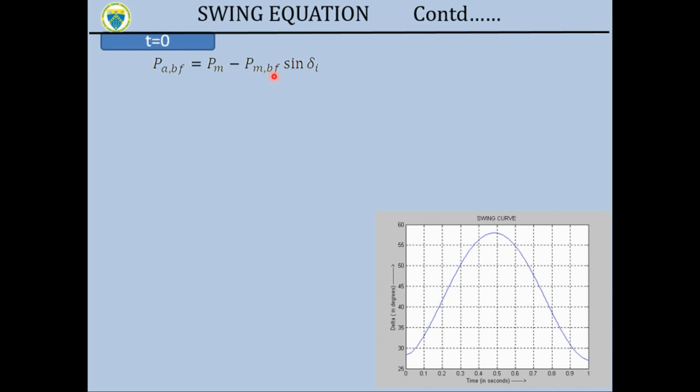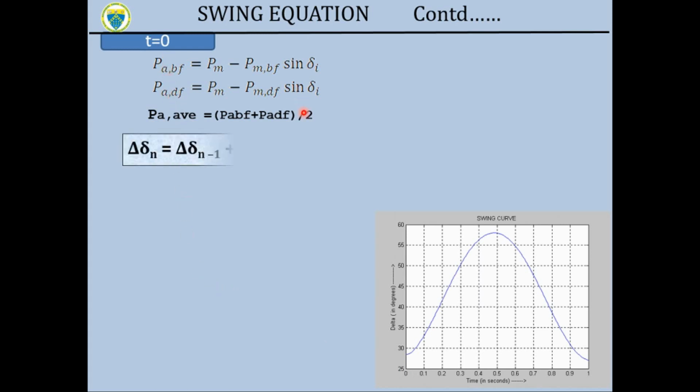The data is ready now. At T equal to 0, the actual logic starts. Find out before fault and during fault at T equal to 0. Then, as I said, at T equal to 0 the power is discontinuous, so calculate the average power of the accelerating power. The average power is this plus this, divided by 2.